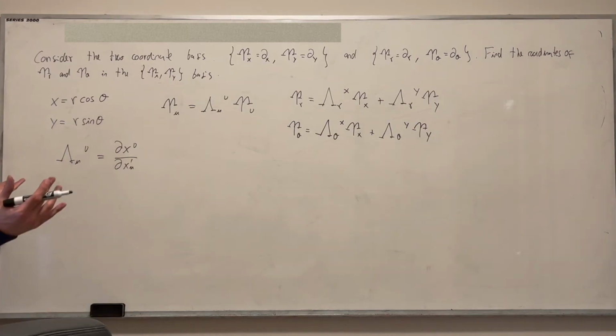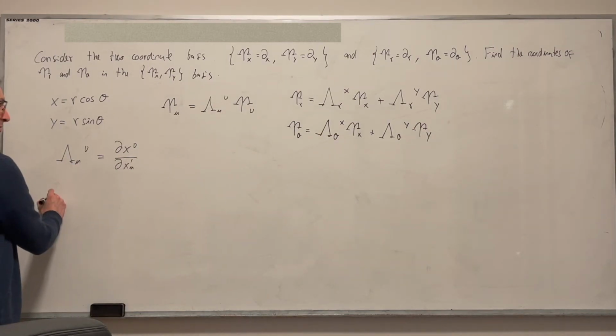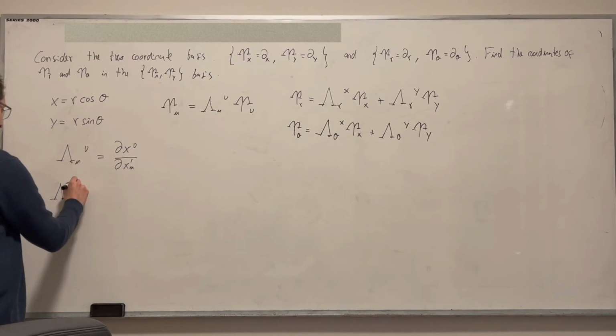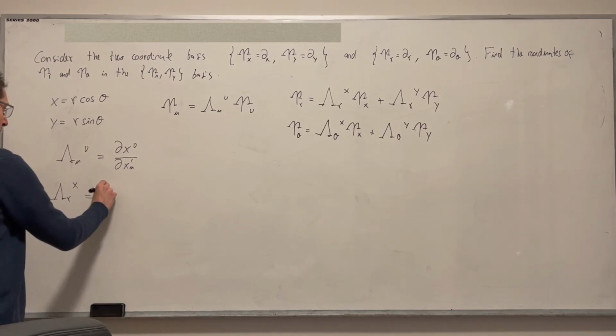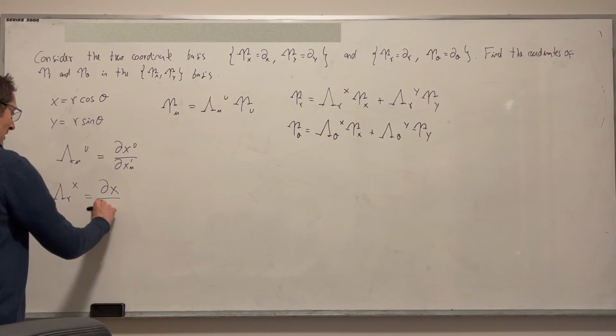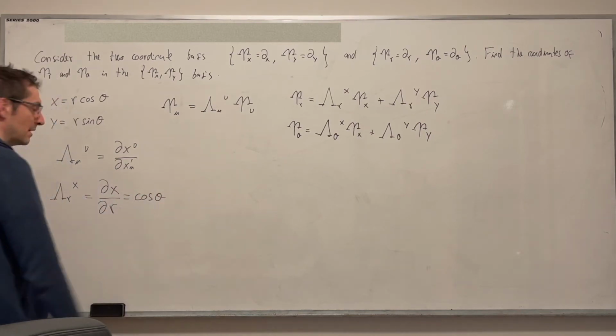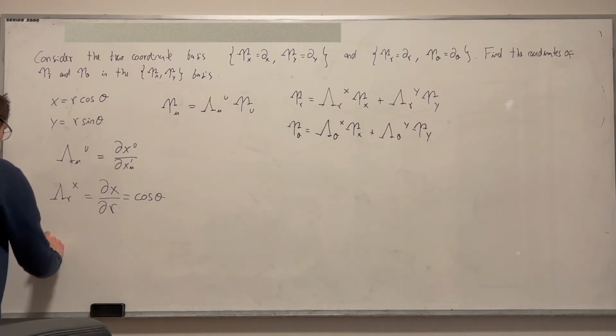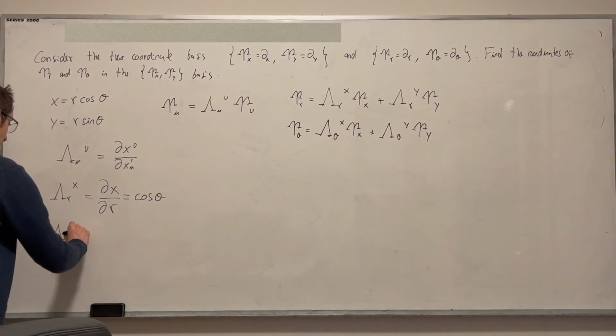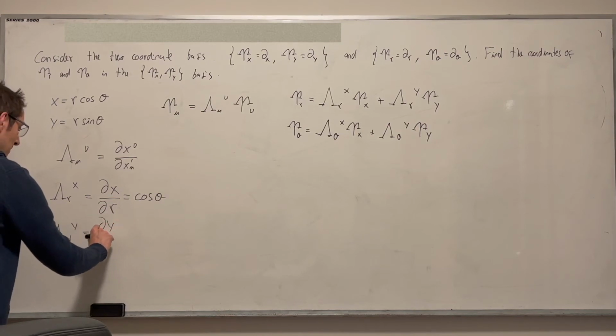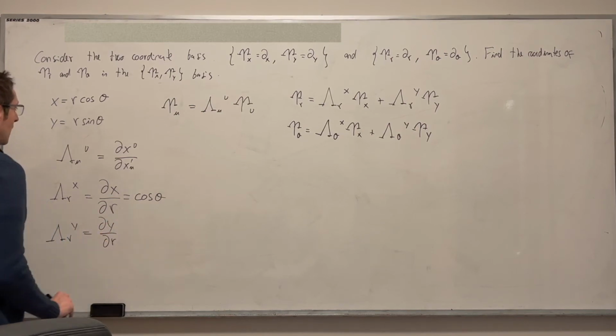Then lambda r x is equal to partial x, partial r, which is just the cosine of theta. Then lambda r y is partial y, partial r, and that is sine theta.